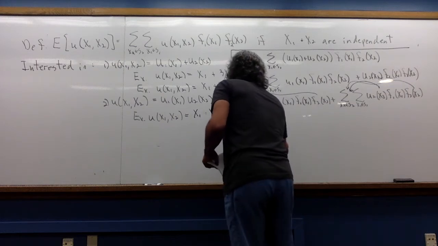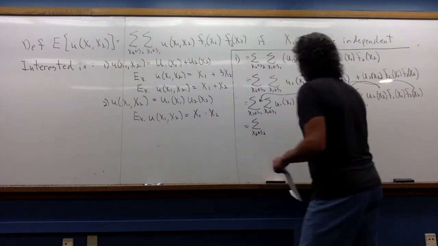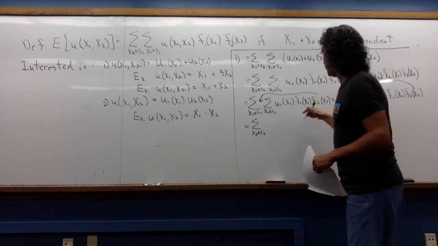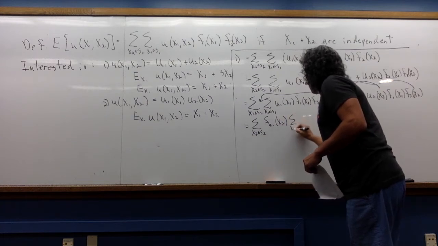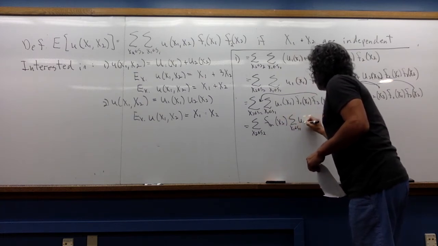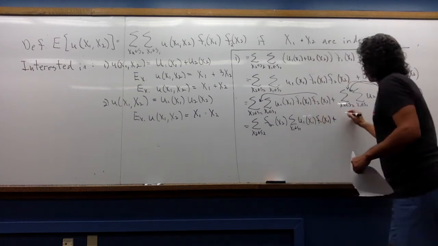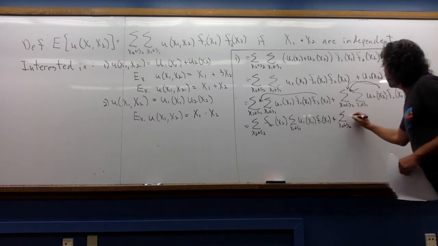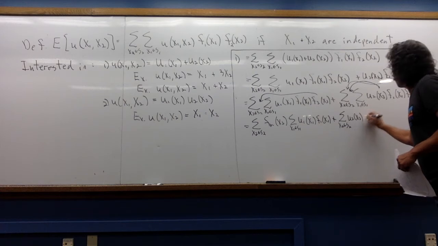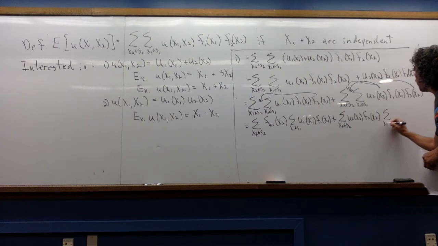In other words, this becomes the sum over the sample space S2 of f2 of x2 times the sum x1 in S1 of u1 of x1 times f1 of x1, plus the sum over my S2 sample space, u2 of x2, f2 of x2 times the sum x1 in S1 of f1 of x1.